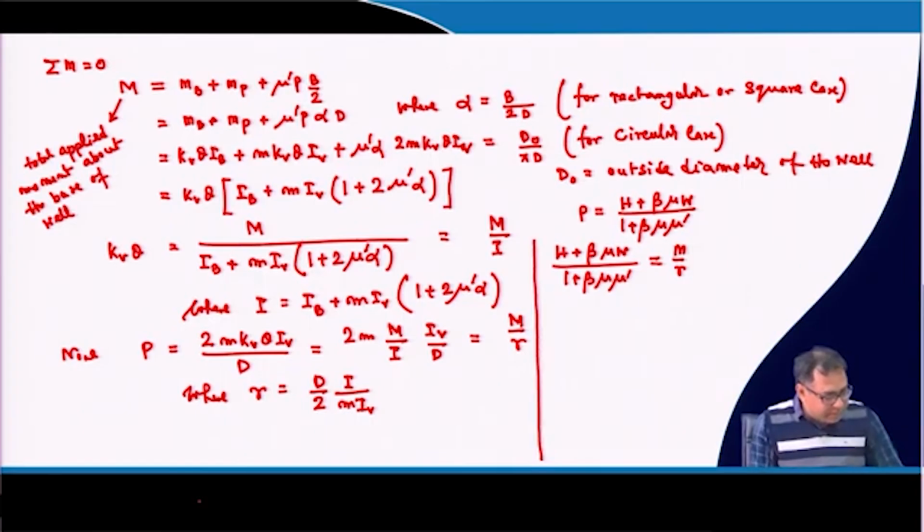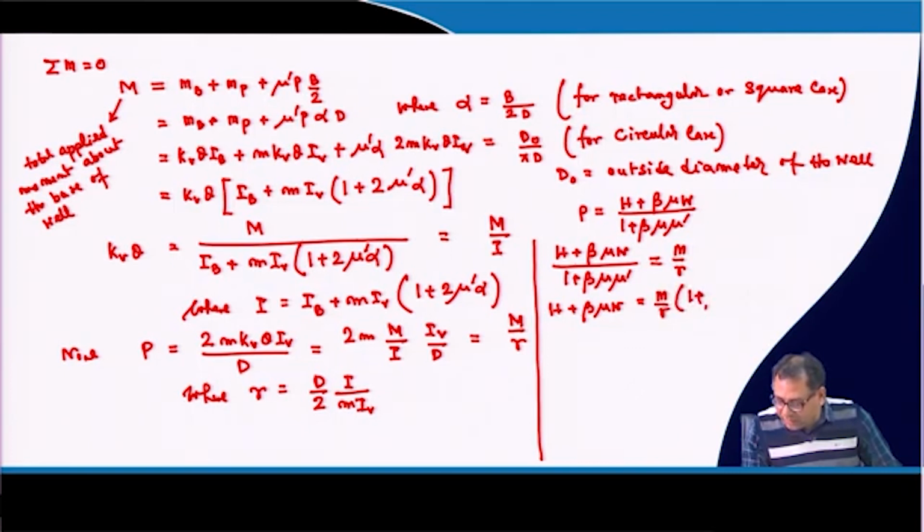That will be equal to M by r. So, we can write that H plus beta mu W will be equal to M by r (1 plus beta mu dash), or we can write that M by r, if I take H this side, this is H, then this will be equal to, if I take beta mu common, W minus M by r, and beta mu I have taken, so mu dash.